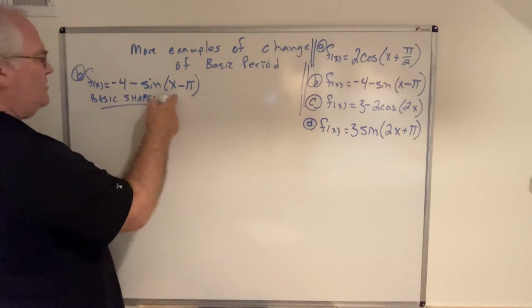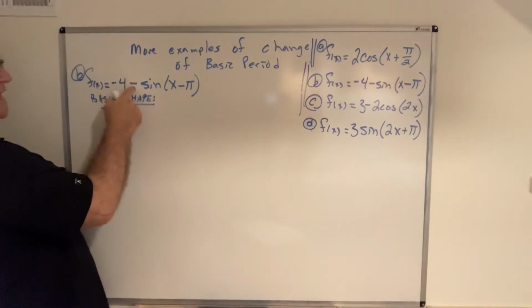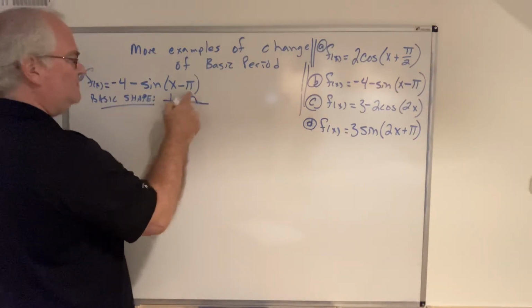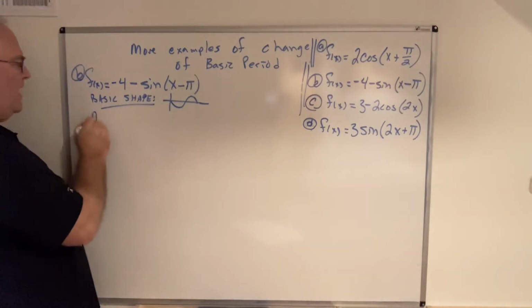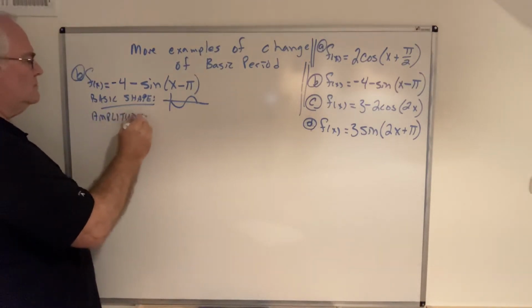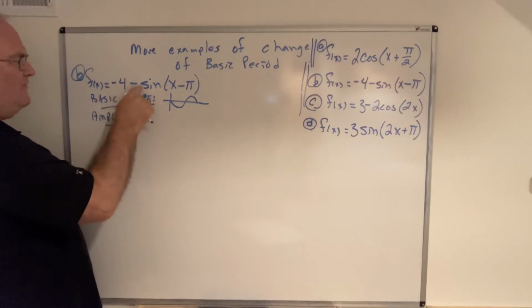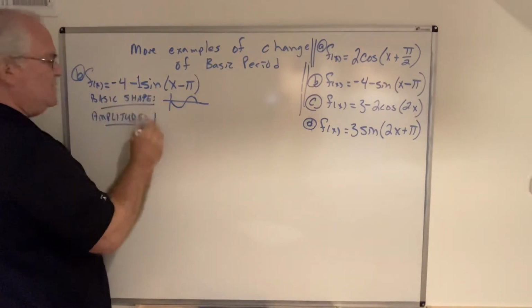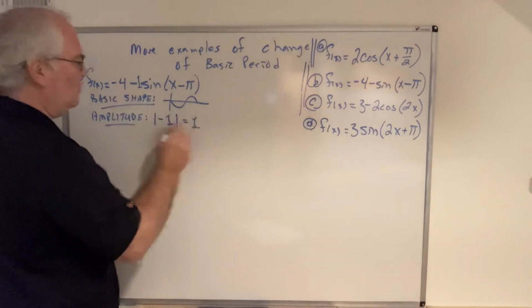The basic shape is, this is sine, but it's a negative sine. So the basic shape is a negative sine graph. What is the amplitude? It's not the -4, it's the coefficient here. This is actually -1. So absolute -1, if you prefer, that's 1.